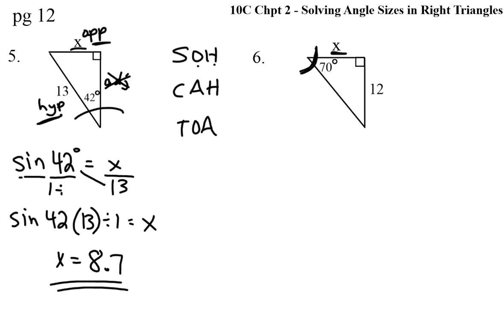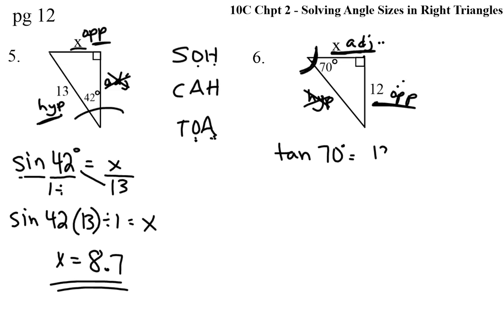And the next one, again, trying to find x. The reference angle will be 70 because we know it. So opposite the 90 is the hypotenuse. Opposite the reference angle is opposite. This time we're trying to find the adjacent. We know the opposite. Hypotenuse doesn't do anything for us. Adjacent and opposite, there's tangent. Tangent of 70, opposite 12 over adjacent, which is unknown.